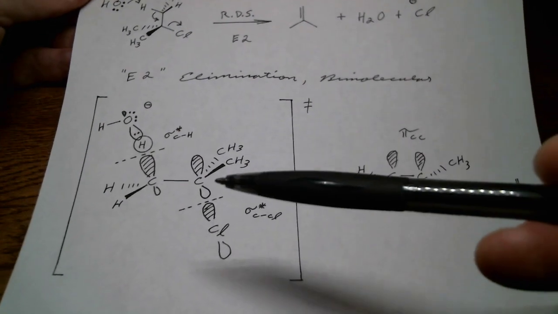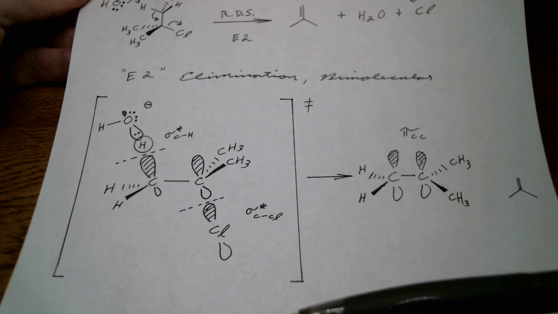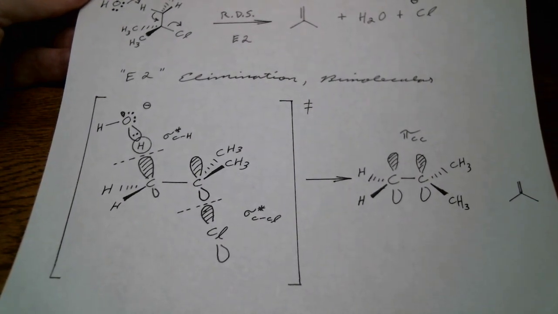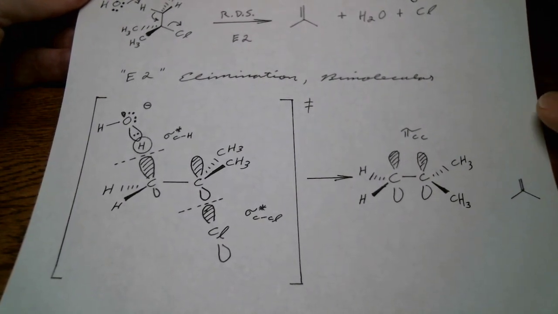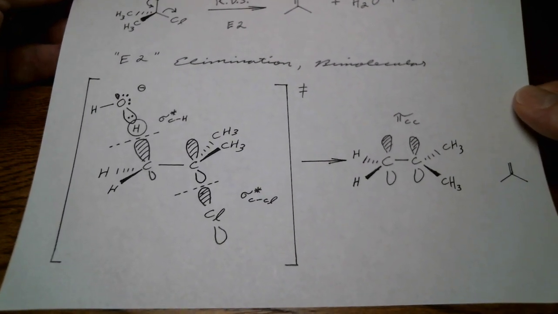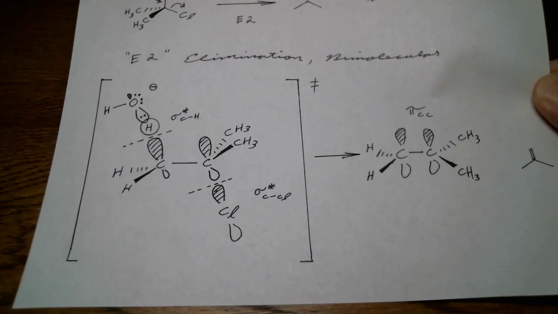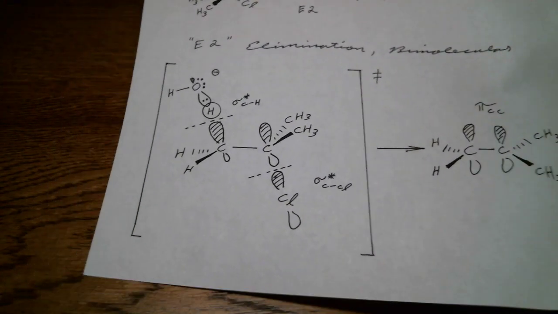And in fact, this transition state molecular orbital diagram cartoon is drawn in just such a geometry. And in fact, that is the low energy geometry for bimolecular elimination to take place. And so we need to look at that a little more in depth.